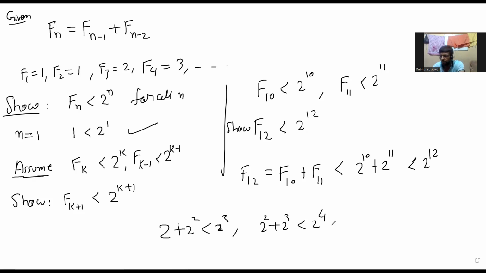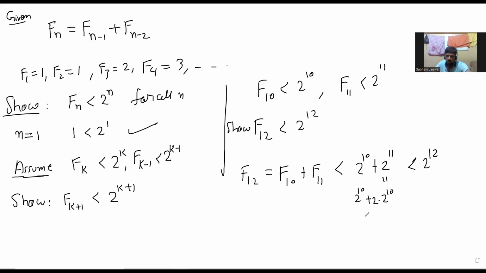Just a second. Yes, that's right. So you're saying 2 to the power 10 can be written as 2 to the power 11, sorry. Okay. So then how do you use this? No, I didn't get this. So far is okay. So then what do you do next?